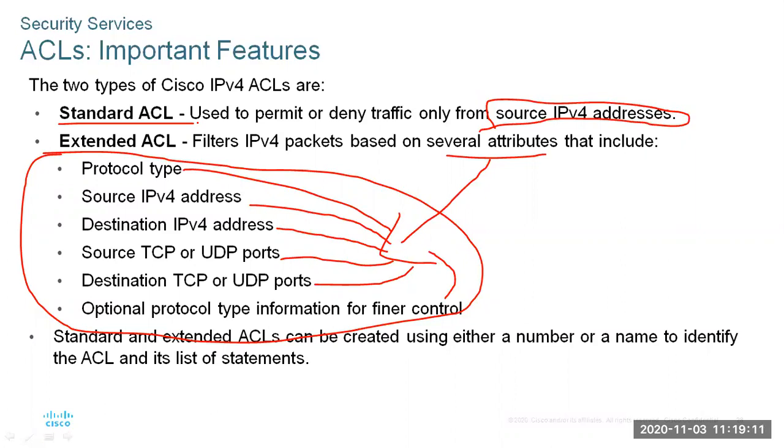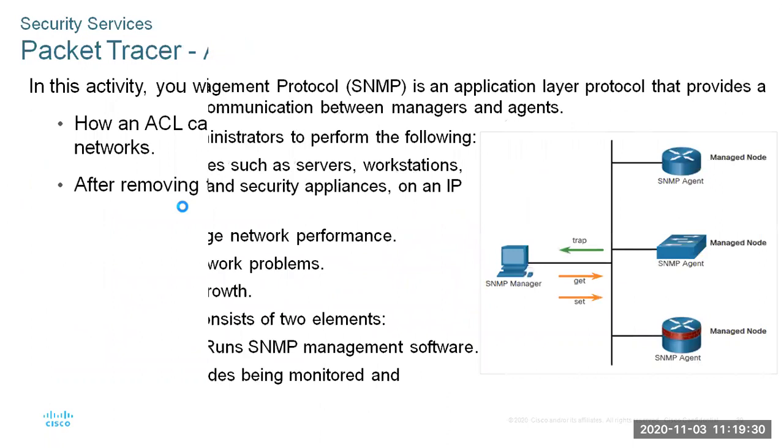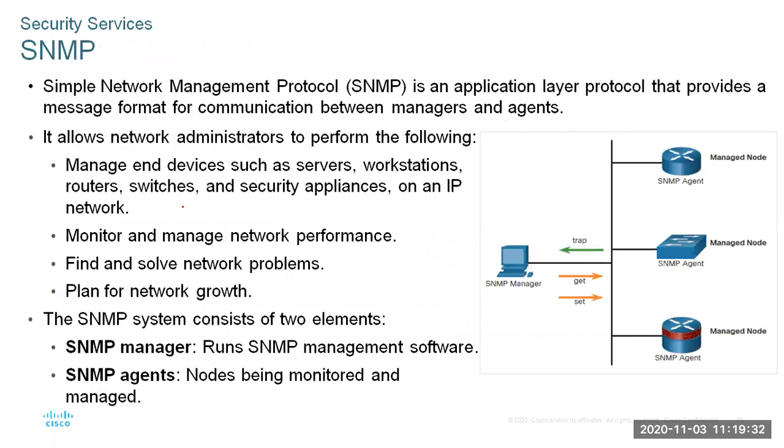If you are not a sergeant, even if you are a military man, you'll be denied. So you see, extended is actually more specific. So standard and extended access lists can be created by using numbers or names, basically to access the access list statement. We're going to do a demonstration, a lab activity, very soon.